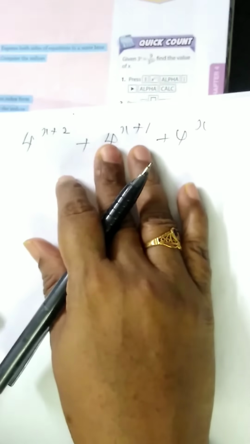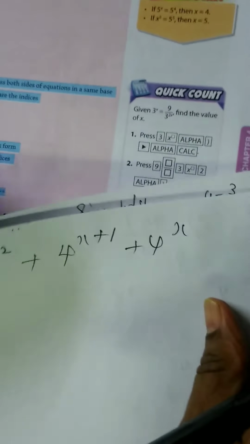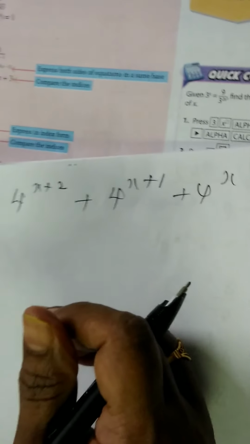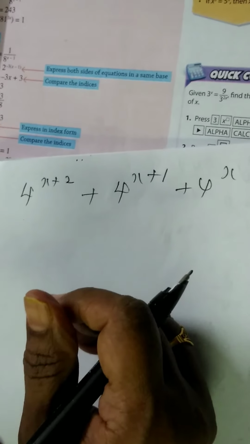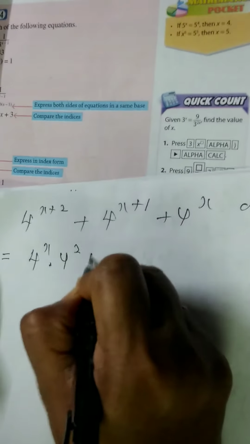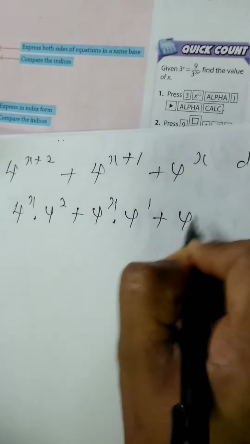This is question number 4 under the same exercise. The question says, show that this term is divisible by 7. So they want us to show that, for all positive integers of x. So what we will do is the same method, which is 4 to the power of x plus 2, plus 4 to the power of x plus 1, plus 4 to the power of x.